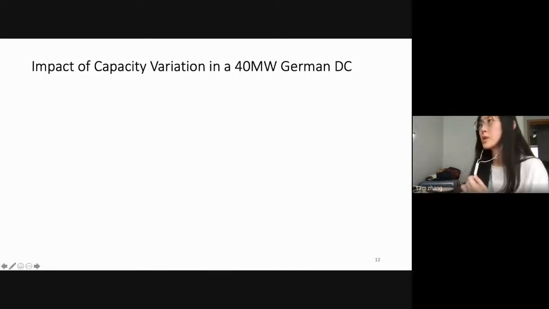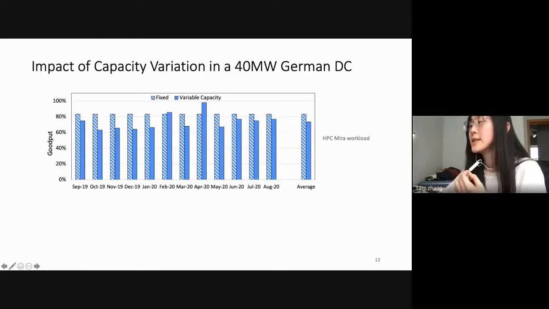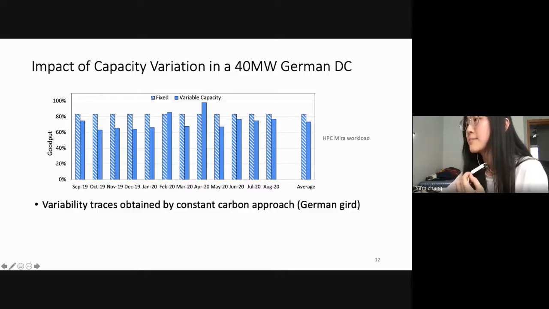So we first want to look at the impact of capacity variation in a hypothetical 40 megawatt data center in Germany. This is a system performance chart in goodput, and we compare fixed with variable capacity. The variability traces were introduced previously, obtained by the constant carbon approach in the German grid.